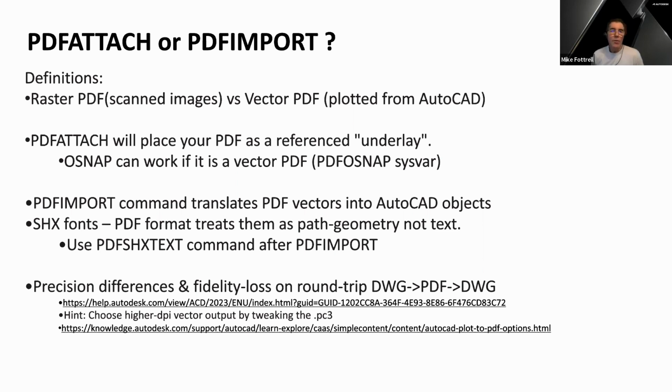If you know, or you can pretty closely guess, what SHX font was used in that text originally, it does a pretty good job converting what became kind of a round trip. At some point it started as a DWG, it got printed to a PDF, you brought it back in with the PDF import command, and PDFSHXTEXT will do its best to convert that back into real text, with the SHX font that you chose to use.